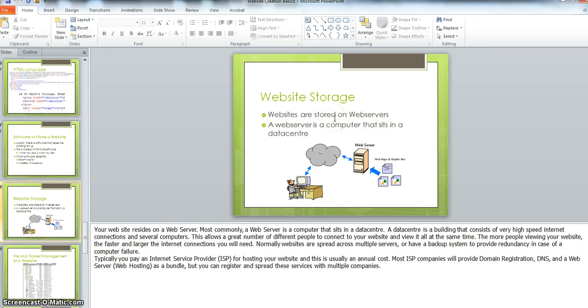Finally, once you create your website at home, you then upload it to a web server. These are just large computers that have space where all the files for that website sit. So if we look at this picture, we are sitting at home. We send all our files up to the web server for storage, and then anybody on the internet can connect to that web server simply by typing in the URL, something like www.espn.com.